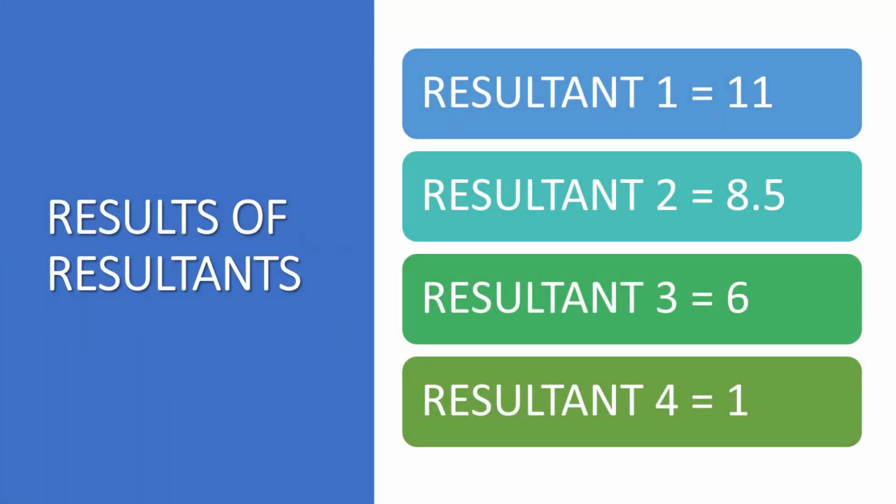Results of resultants. Same configuration of two forces of size A equals 6 newtons and B equals 5 newtons. We can choose to get a resultant of 11, 8.5, 6, or 1. For a developing country, which configuration shall we choose?